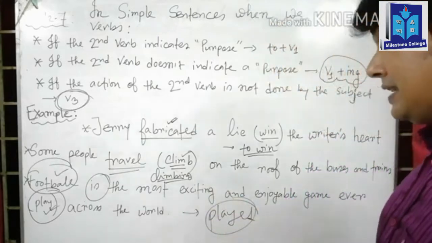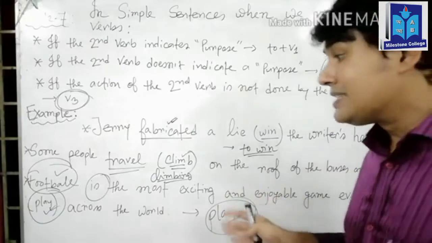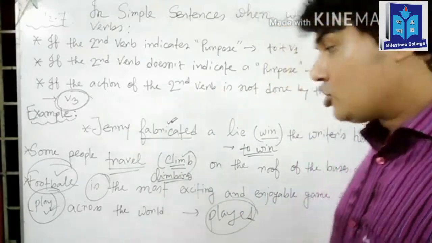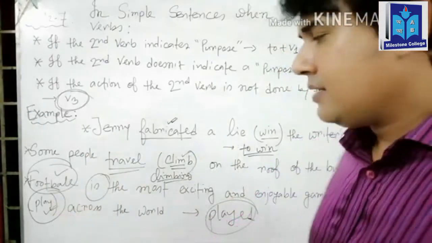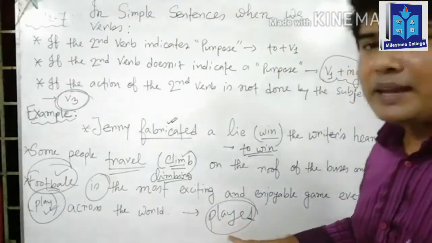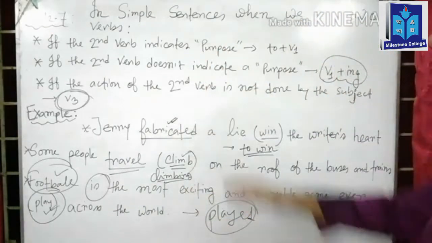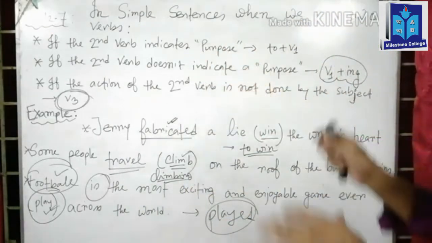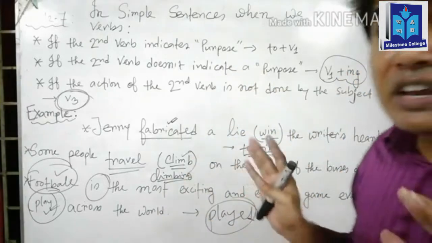To make it simple, we have omitted is, and now the answer will be played, and it also indicates a passive sense. So these are the structures, and if you copy these structures and follow these sentences, I think things will be very easy for you.